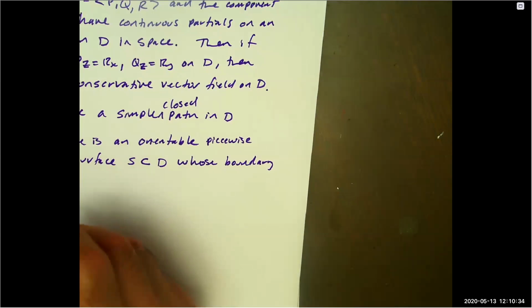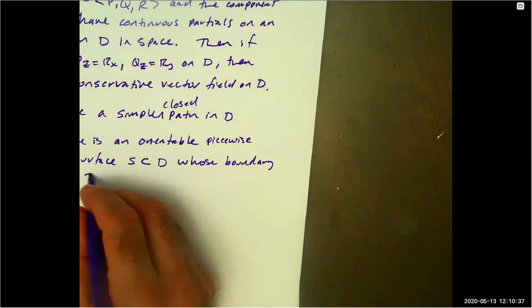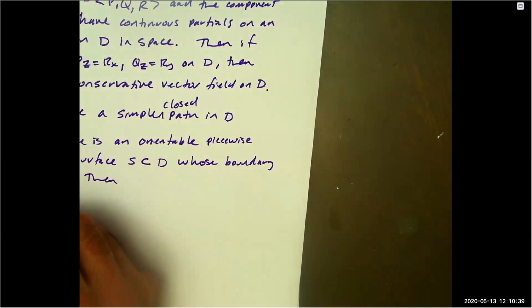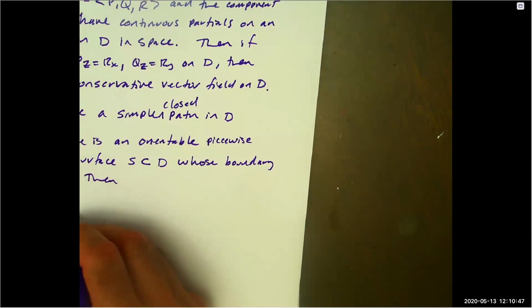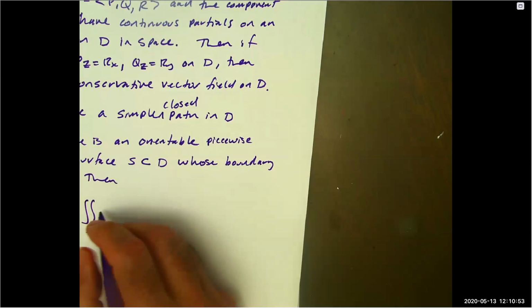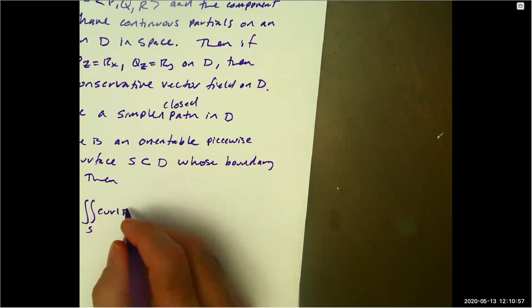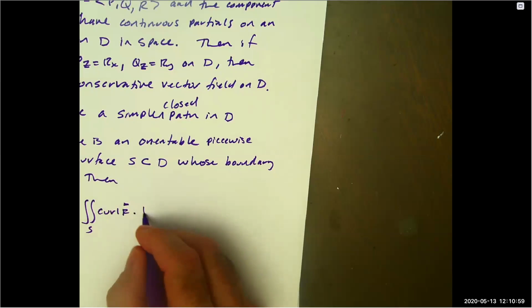All right, so then what we would have is that the integral around C of f dot dr would be equal to, by Stokes' theorem, the curl of f dot dS.